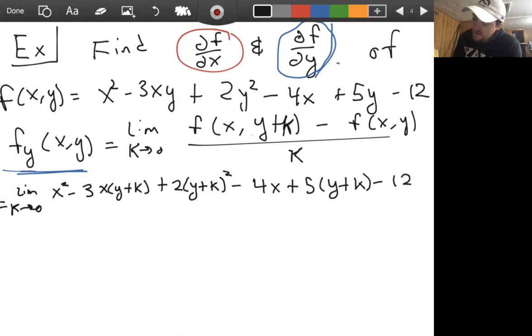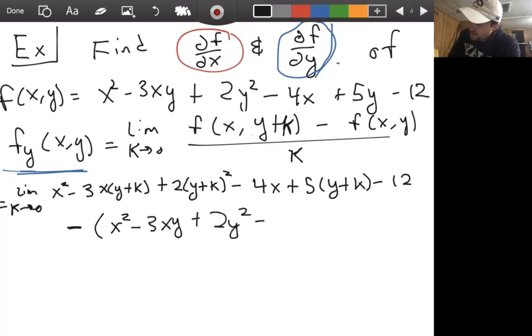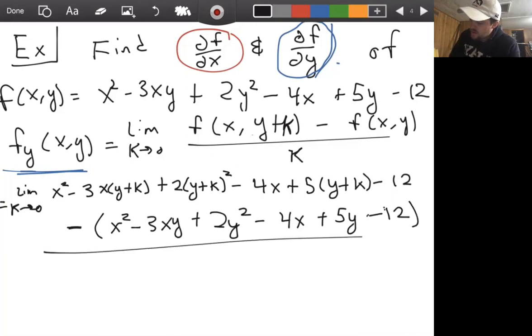And then that's minus f of xy. So x squared minus 3xy plus 2y squared minus 4x plus 5y minus 12. All of this is over k. Now let's do the same thing we did.